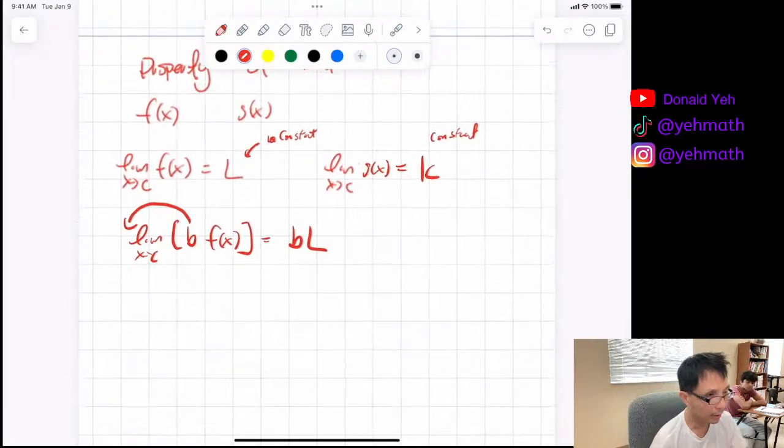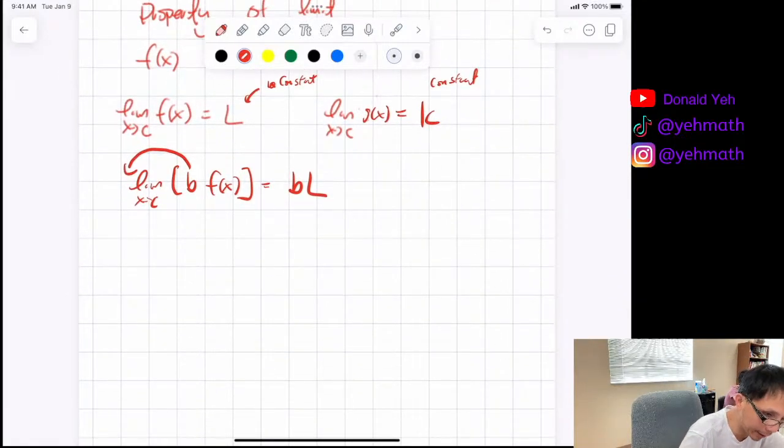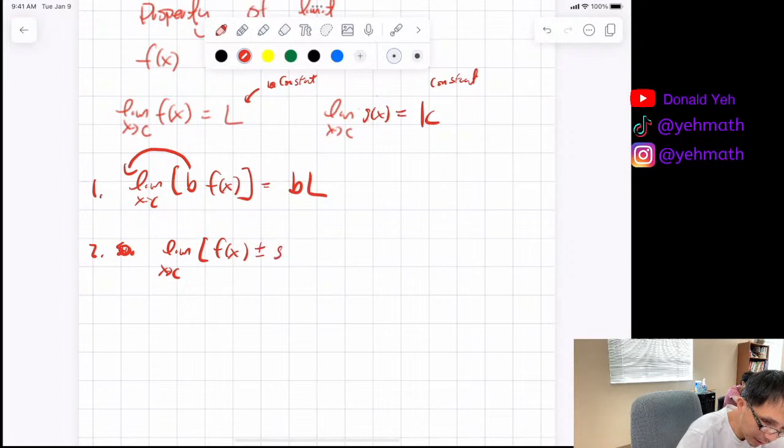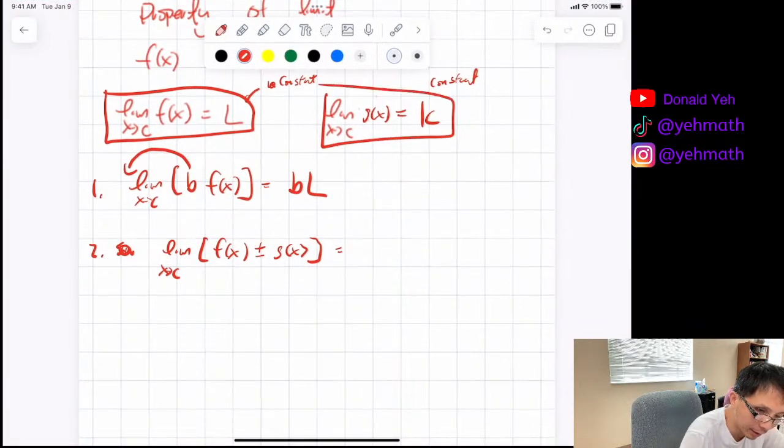Okay, so right now, the calculus part is to understand the simple things. The next one is called sum and difference. So the limit as x approaches c of f of x plus or minus g of x. What do you think it is going to be? If I already define this equal to L, and if I define this equal to K, what do you think the answer is going to be?